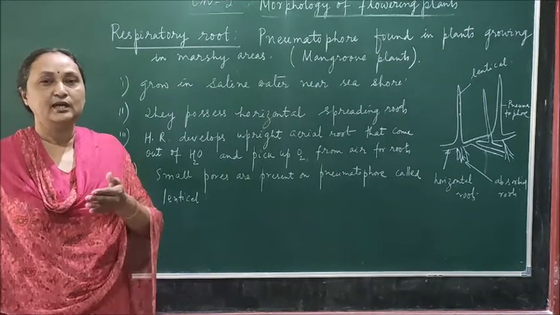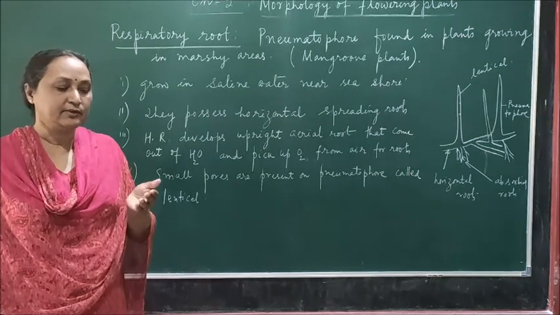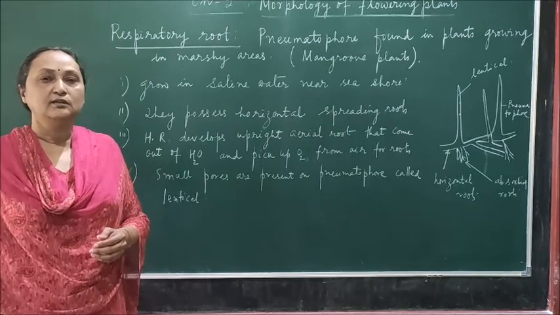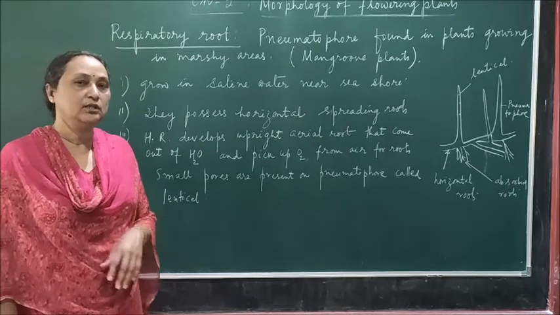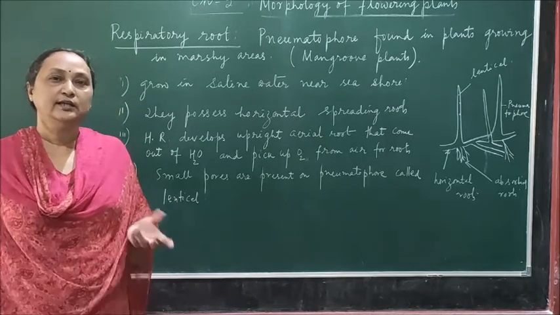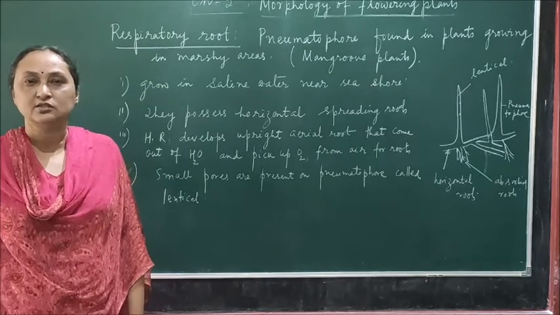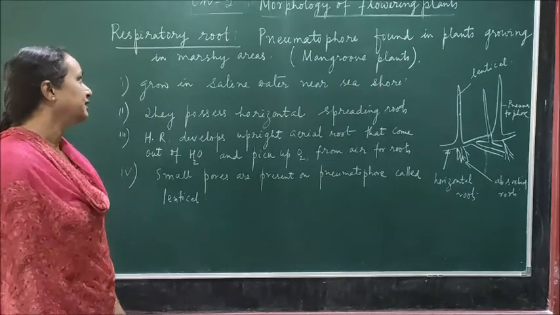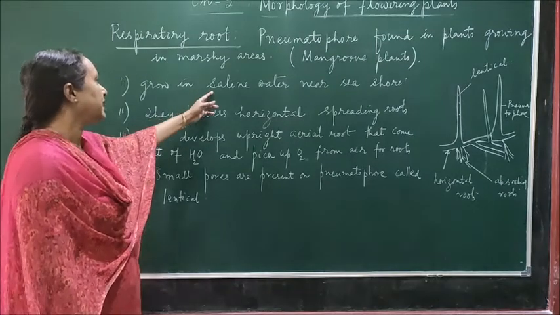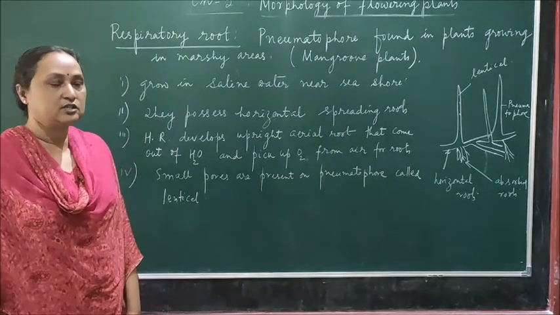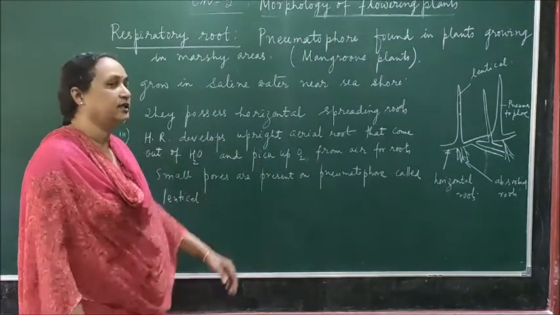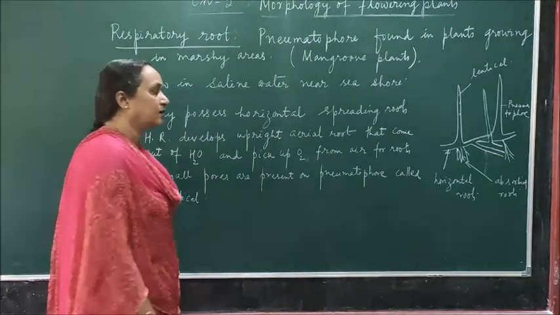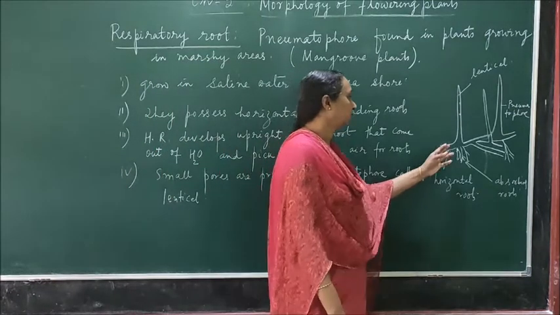And the type of plant in which we can find pneumatophores, these plants are called mangrove plants. For example, if you go to Sundarban in West Bengal, there you can find mangrove plants. So what are the characters? They grow in saline water near the seashore, and they possess horizontal spreading roots inside the soil.